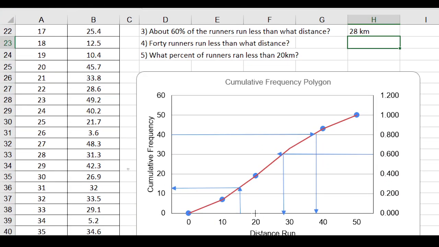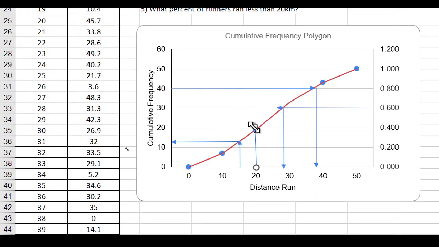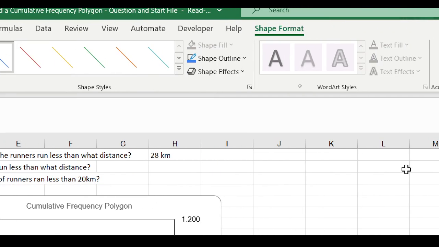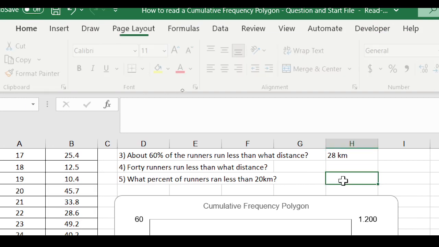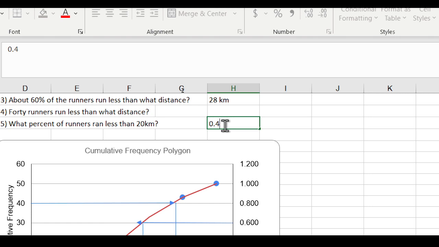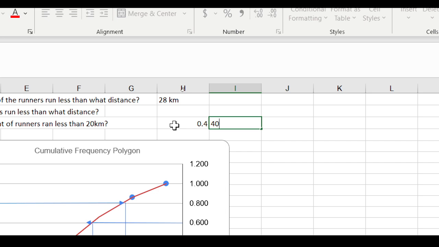Let's go from 20 up to about there, and then across to the secondary vertical axis on the left. It's about 0.4. Sorry, that's in decimal, so that's about 40%.